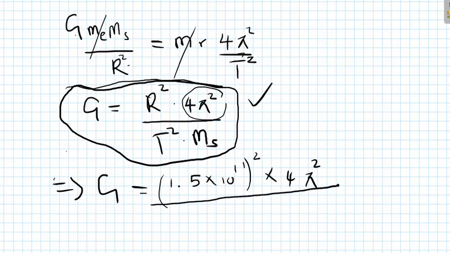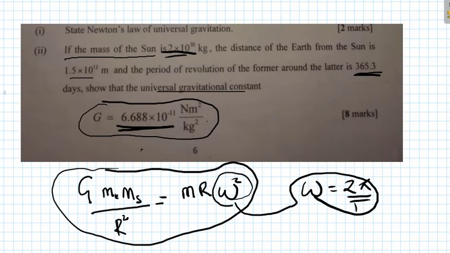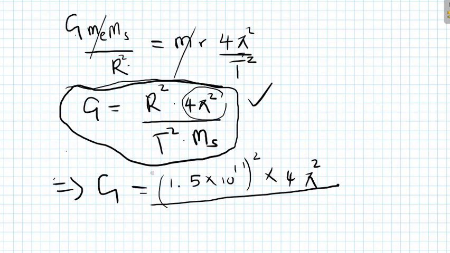All this divided by, now the T is 365. We know that the period of revolution is 365.3, so T is 365.3, and it is squared.